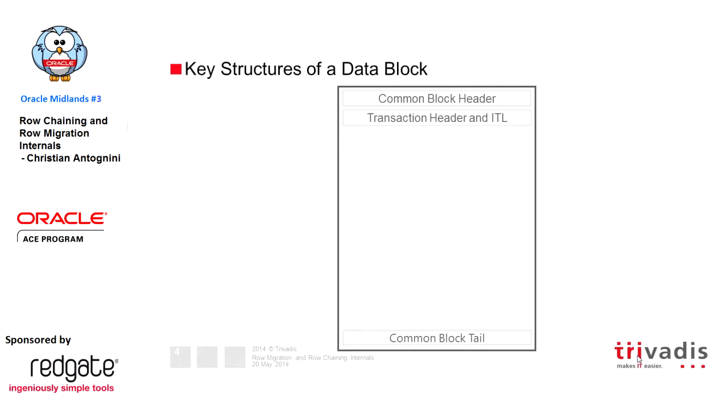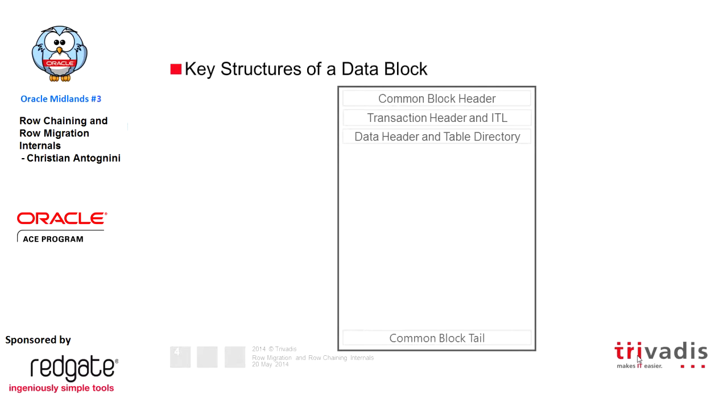Then in the case of a data block, you have the transaction header and the ITL, the interested transaction list. Then you have the data header and the table directory, to describe what is stored in the block. Notice that the table directory is only important in case you have clusters or compression, because then you might have several tables inside a single block.